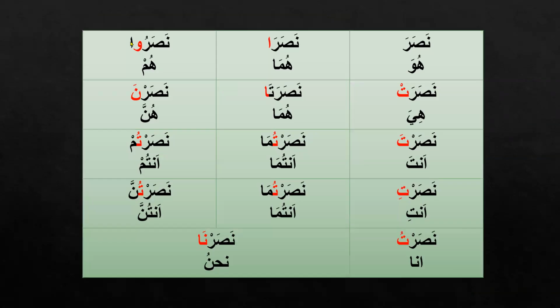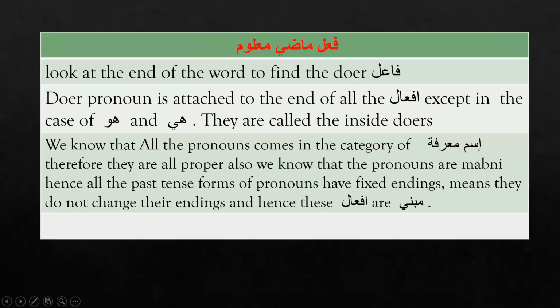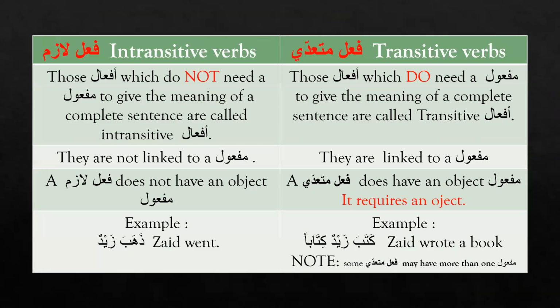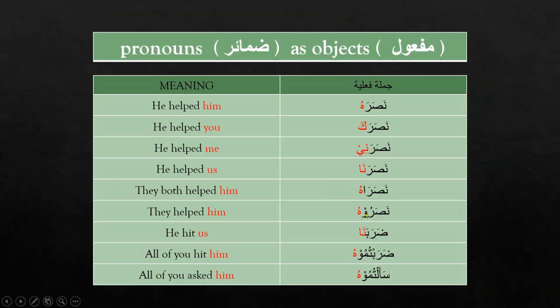See here, this alif. So when adding a damir muttasil, we are going to drop it. Here, see, this alif is dropped. So this will be dropped in this siga. And also remember that when the damir comes as maf'ul with the siga jama' mudhakkar mukhatab, see here, a waw is added after the mim of the tum.